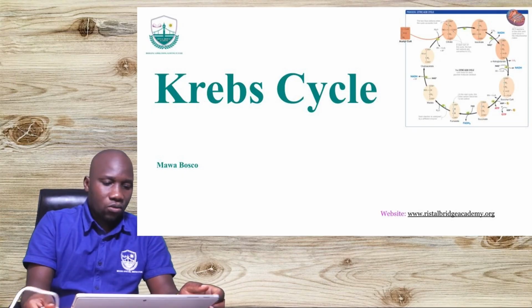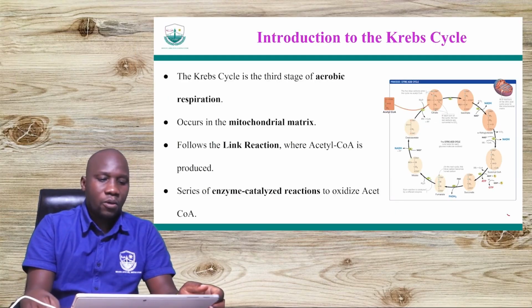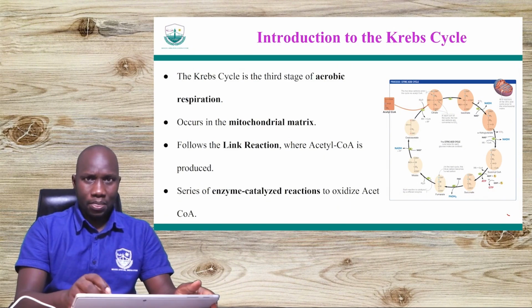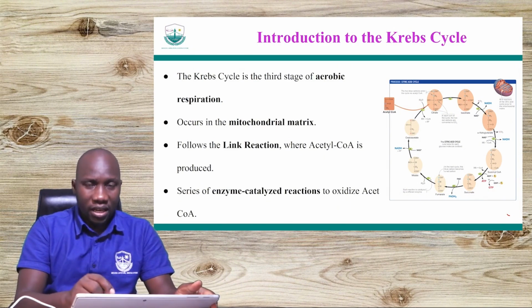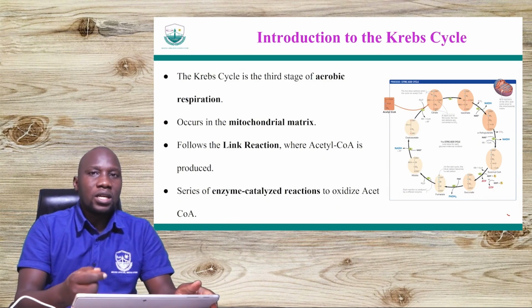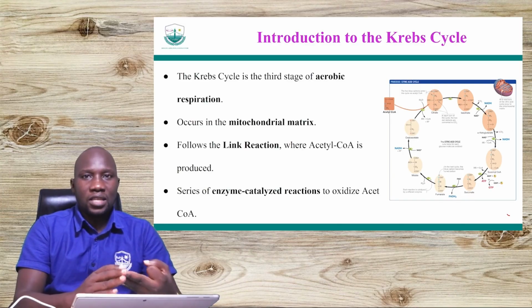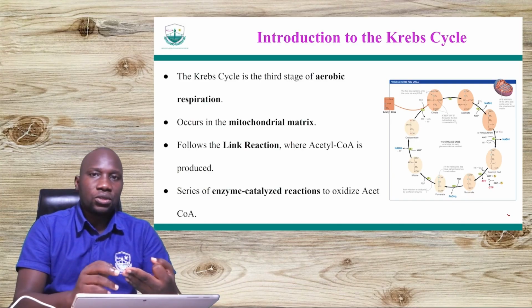So Krebs cycle, here we are saying that it is the third stage of aerobic respiration. Basically, the reason we say that is because we are including the link reaction. But if you remove the link reaction, then we have three stages of cellular respiration.